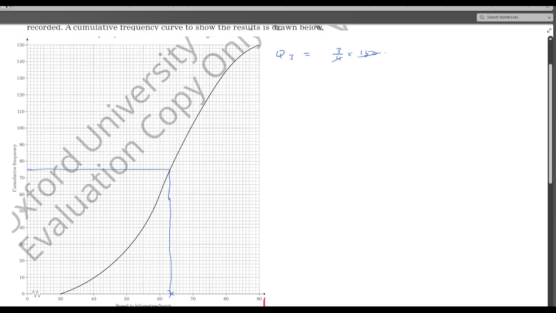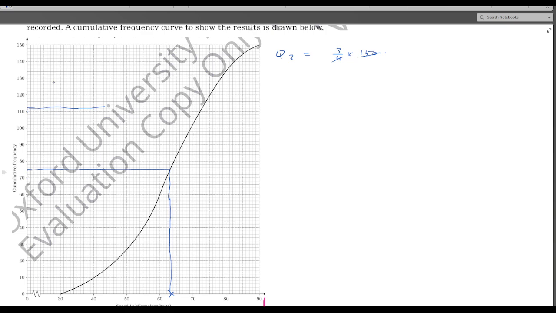So 3 divided by 4 times 150, you can use your calculator if it is allowed. Your value is 112.5. So 112.5 will be somewhere here.